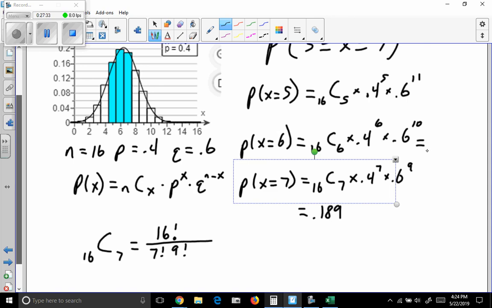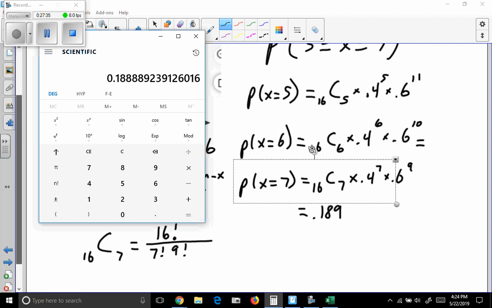We still have to do this one. So that's 16 factorial divided by the result of 6 factorial times their difference, so 10 factorial. So that's how many combinations. Do that times 0.4 to the 6 times 0.6 to the 10th. And that gives us 0.198.